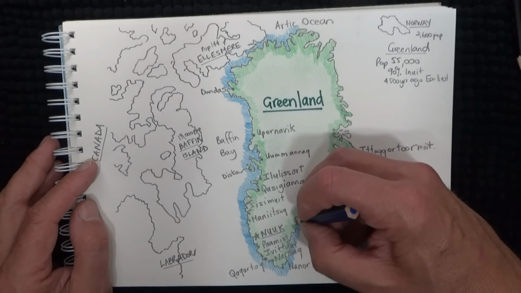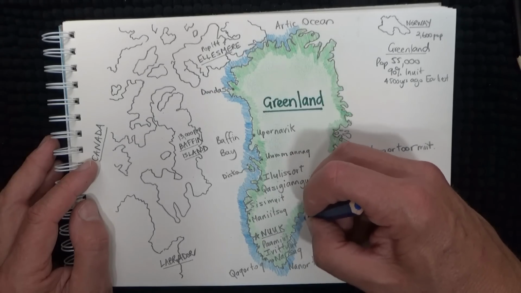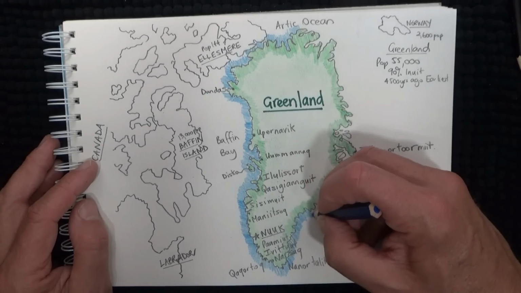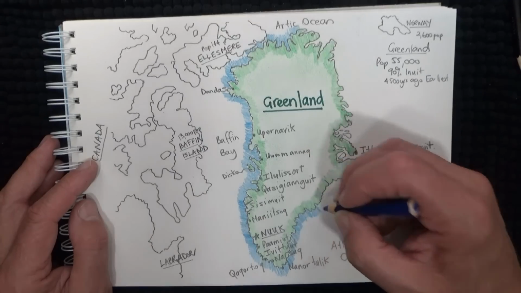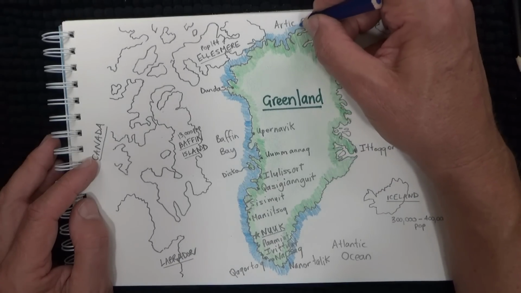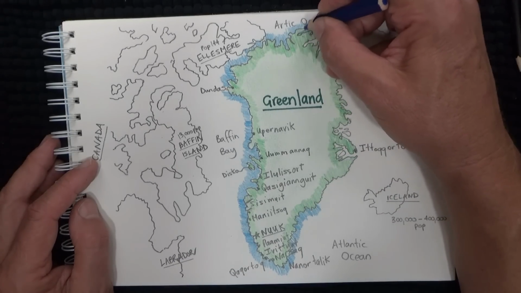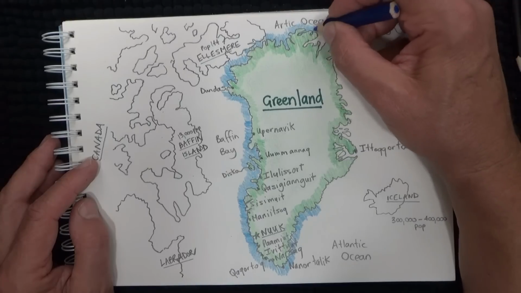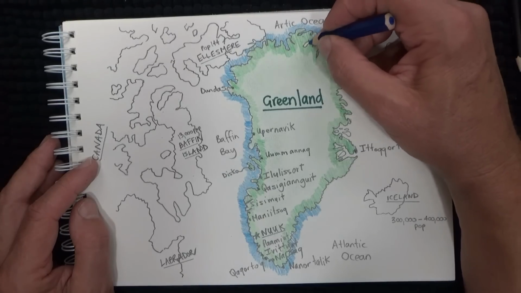Houses left in ruins. So experts have worked out that it was about 500 years ago that they stopped inhabiting Greenland.